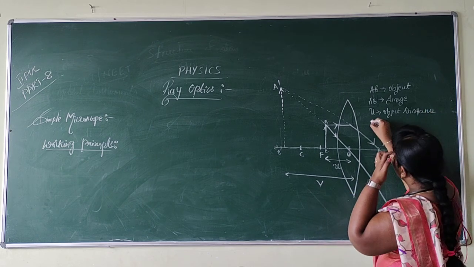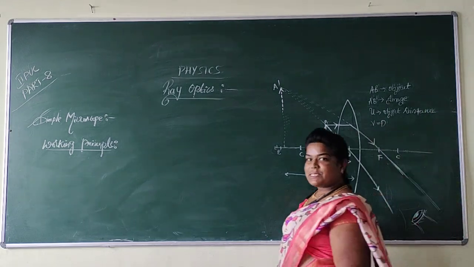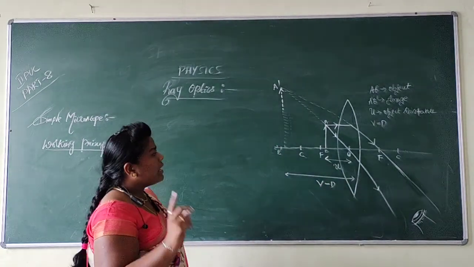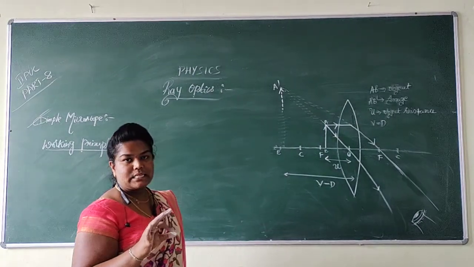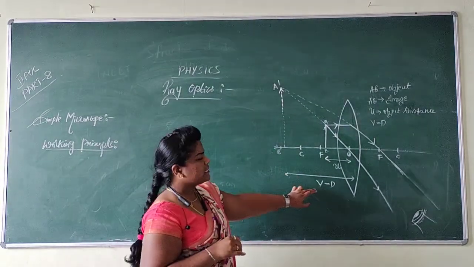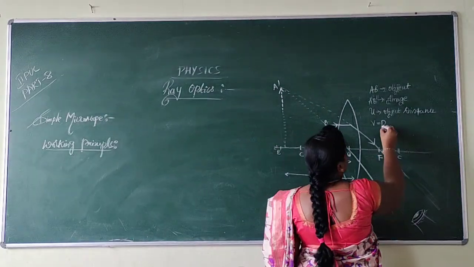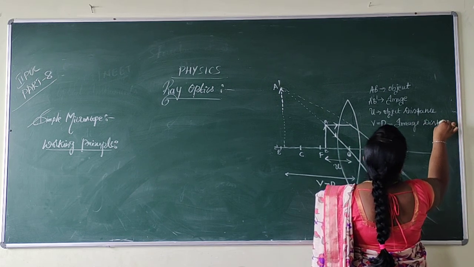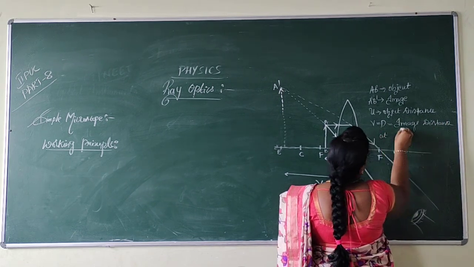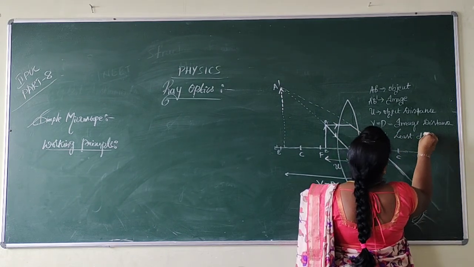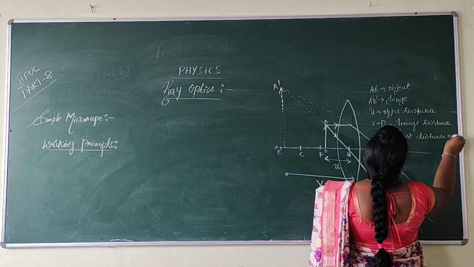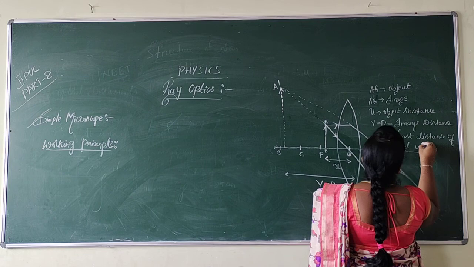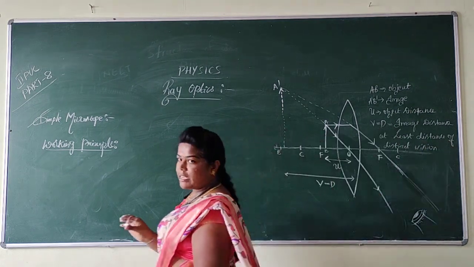Then what is V? V is equal to D. See my dear students, I am calling V equal to D. To observe an image very clearly, the image should be at the least distance of distinct vision. So the image distance is the least distance of distinct vision, for clear vision.